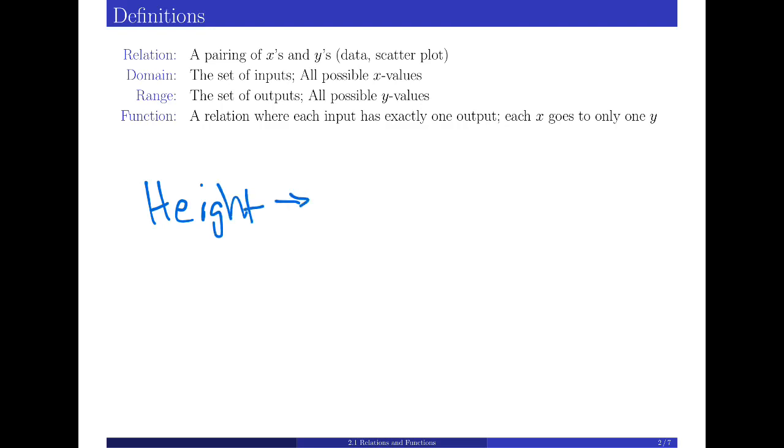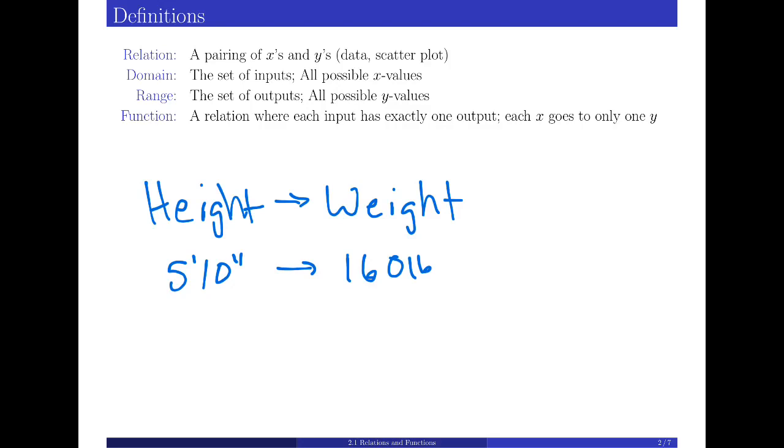I had mentioned height and weight. If we took a class worth of people and took everybody's height and weight, so we have maybe somebody that's 5'10", and their weight is 160 pounds. Do you think that the relation of height to weight is a function?